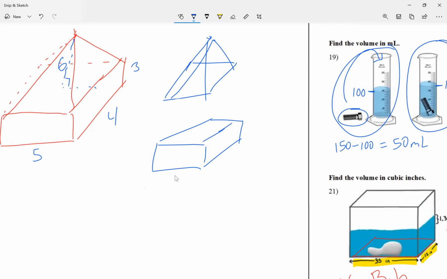Okay, so last week, we talked about volume. The volume of prisms was the area of the base times the height. And for pyramids, the volume was the area of the base times the height divided by 3. I want you to see it as two different figures.